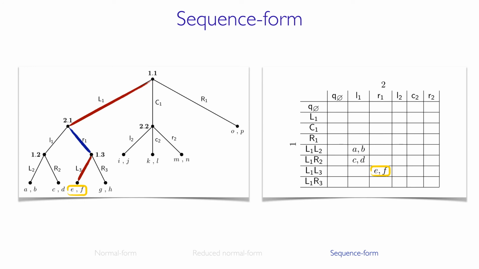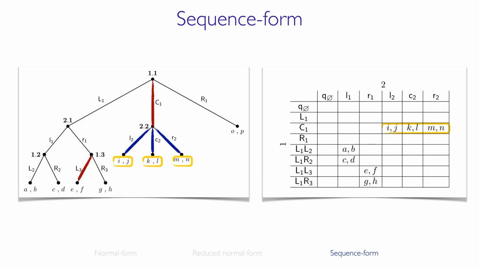Moreover, if player 2 plays sequence R1 rather than L1 and player 1 plays L1, L3, then player payoffs are EF, while they are GH if player 1 plays sequence L1, R3 instead. When player 1 plays sequence C1 and player 2 plays L2, C2, and R2, then player payoffs are IJ, KL, and MN respectively.